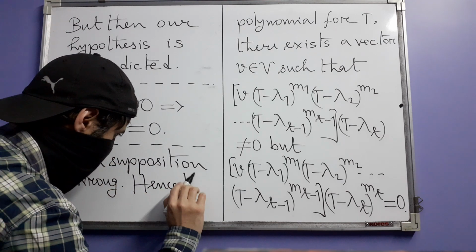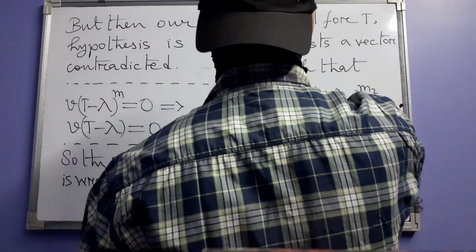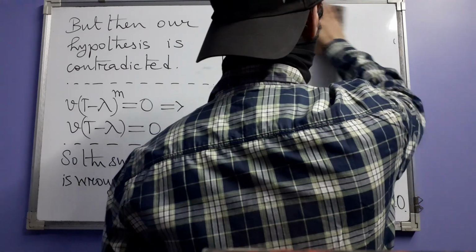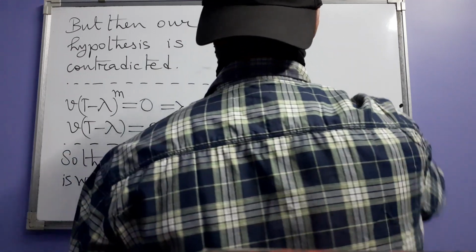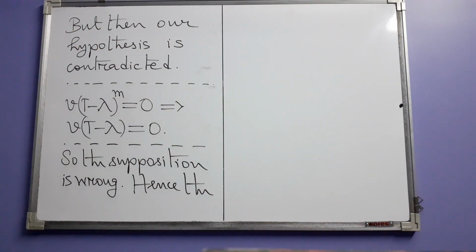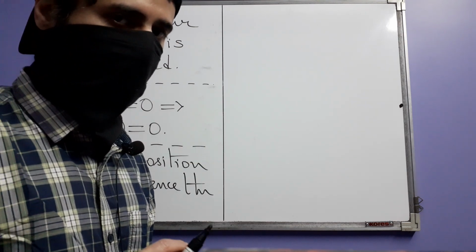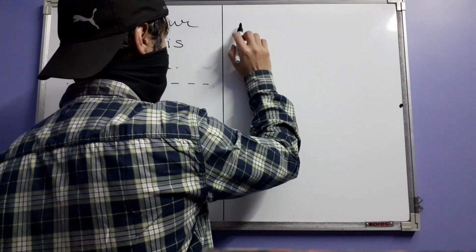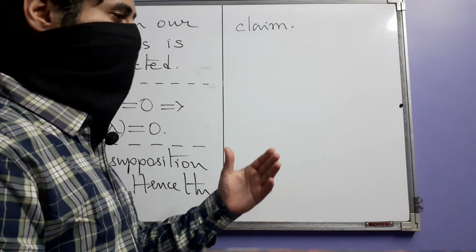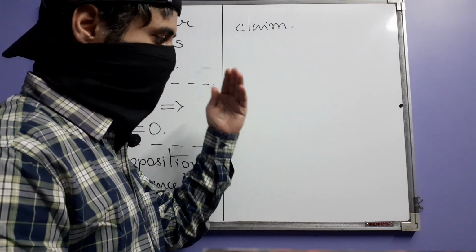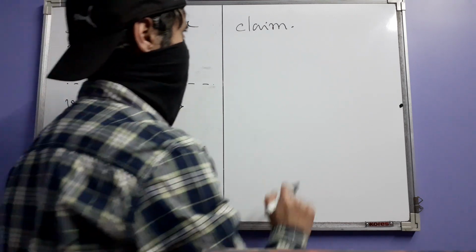Hence the claim. That means whatever we claimed there about the minimal polynomial of t has now been established. But now we are almost there, because the minimal polynomial consists of distinct factors where there is no repetition.